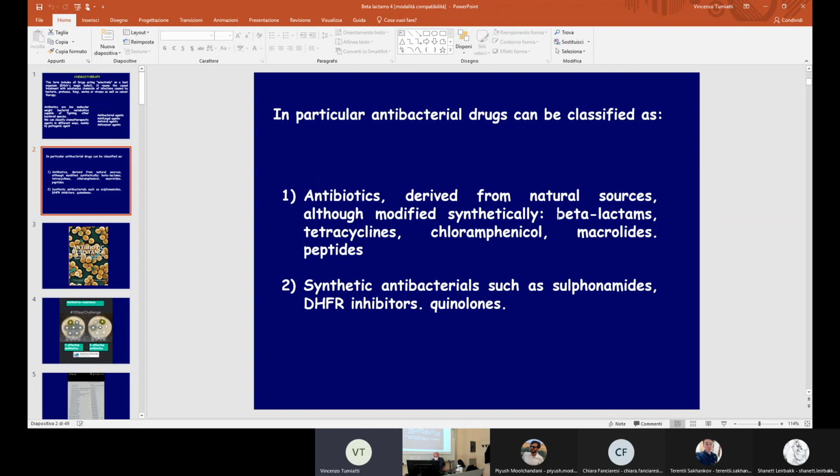We'll see a lot of examples of this class: beta-lactamase, tetracyclines, chloramphenicol, macrolides, peptides, and so on. The second class is represented by synthetic antibacterials, such as sulfonamides, dihydrofolic reductase inhibitors, quinolones, and so on. These are the two main classes of antibacterial drugs.